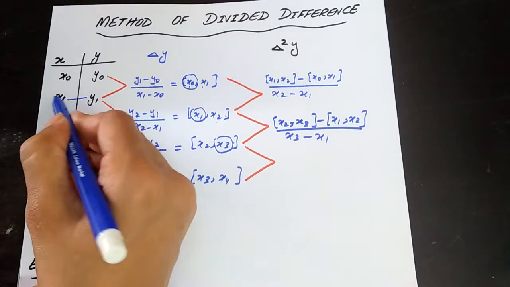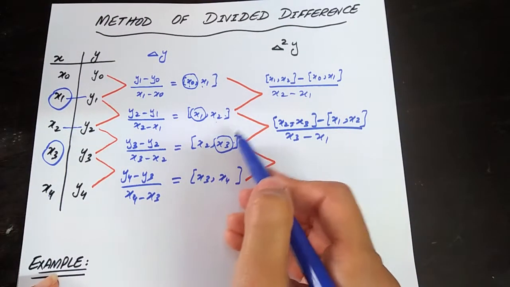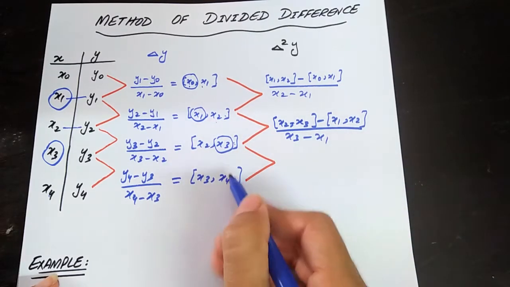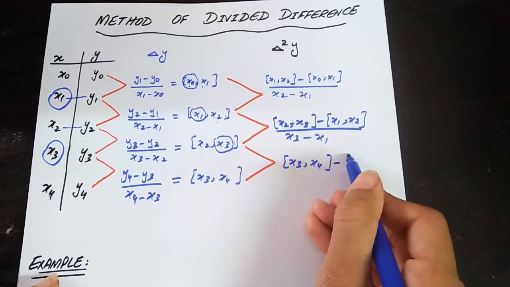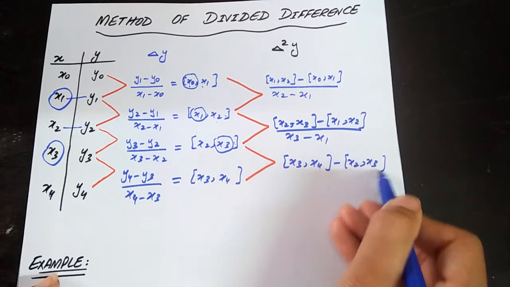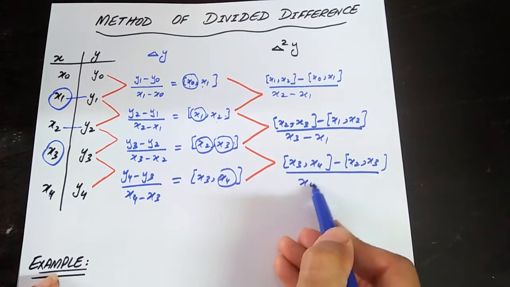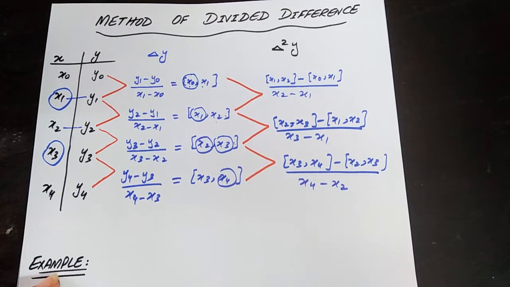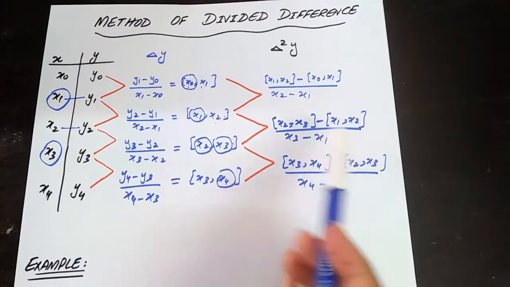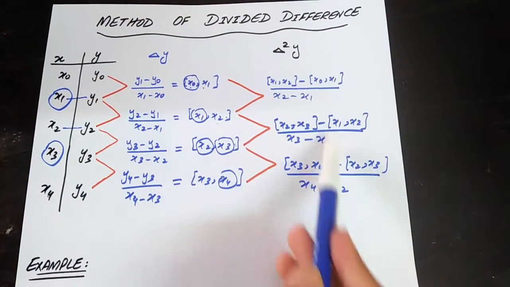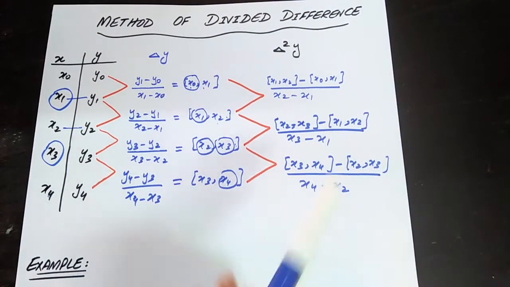Now the divided difference for the third and fourth value will be fourth minus third: x3, x4 minus x2, x3 divided by x4 minus x2. In this way, you can find the divided differences. This is the first divided difference. This is the second divided difference. Continue in this manner. You can find the third divided difference, fourth divided difference, and so on.